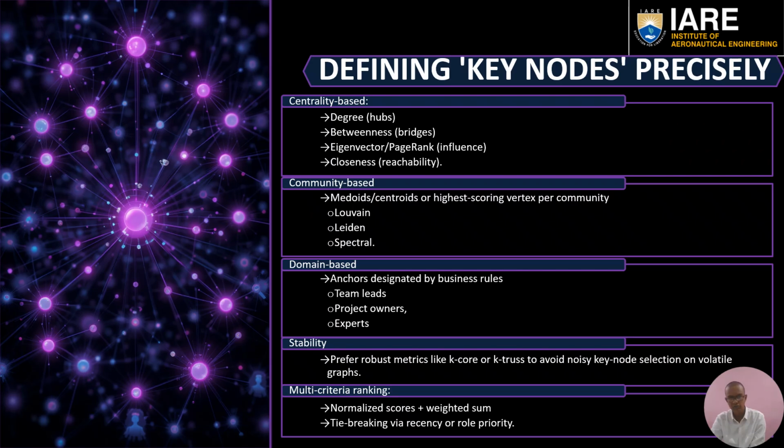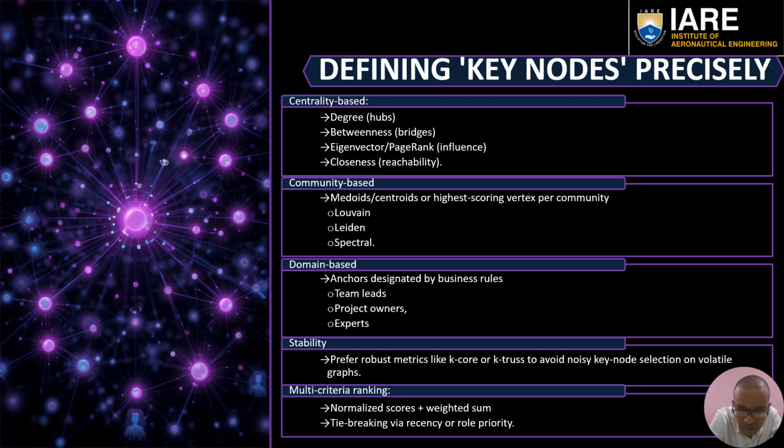Now let's discuss defining key nodes precisely. The key nodes are majorly of five types. First one is centrality based. The four examples for it are degree or hubs, betweenness or bridges, eigenvector or PageRank, which is also called influence, and closeness or reachability.